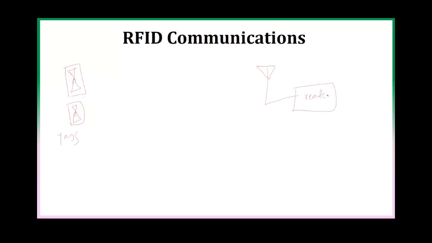So you have tags, you have a reader with a reader antenna. In between is the communication channel, this is your RFID communication channel, in which the first thing you would get is power.